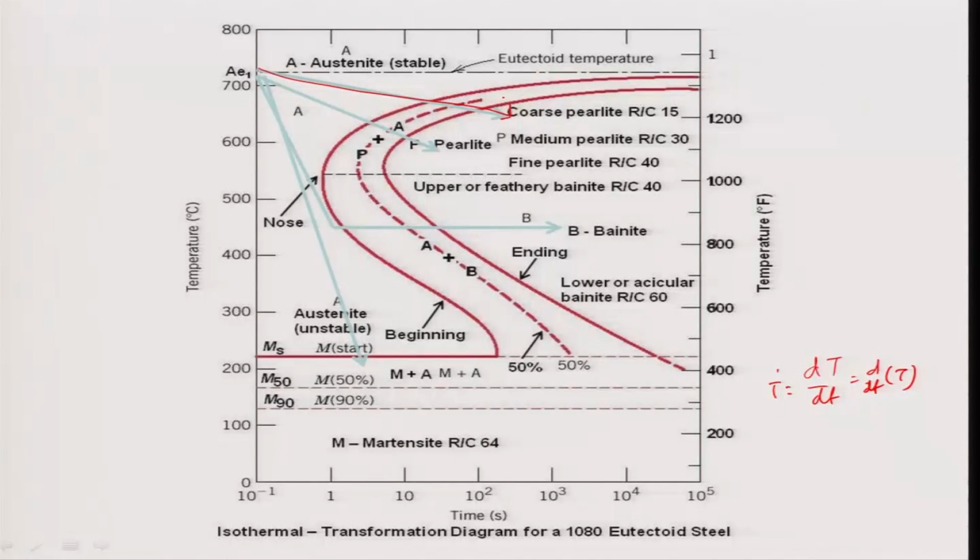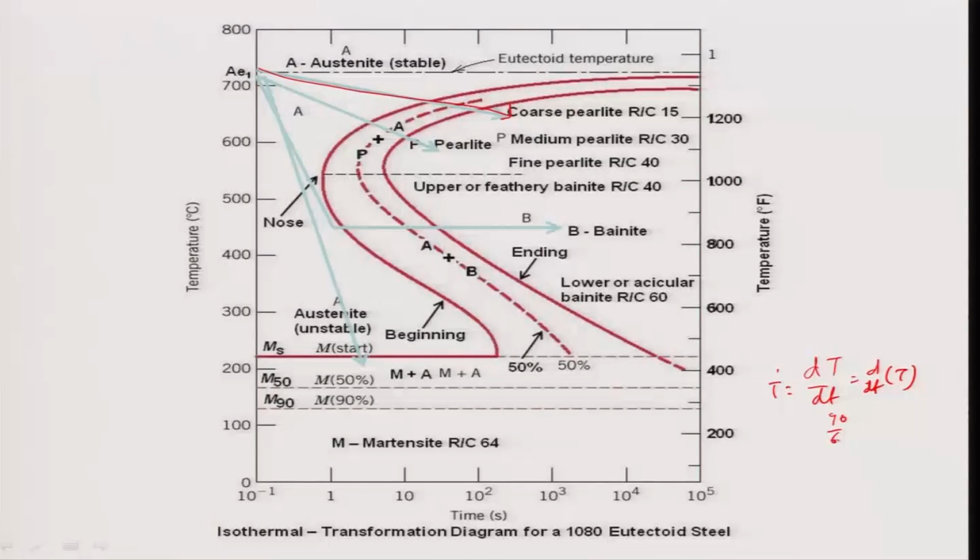If I cool it very slowly, I am cooling actually about 100 degrees, from suppose 723 to 623 or 650 Celsius, in about 600 seconds, 600 is 10 minutes, a very slow cooling rate.